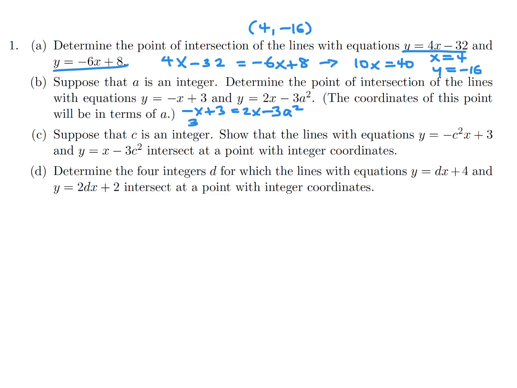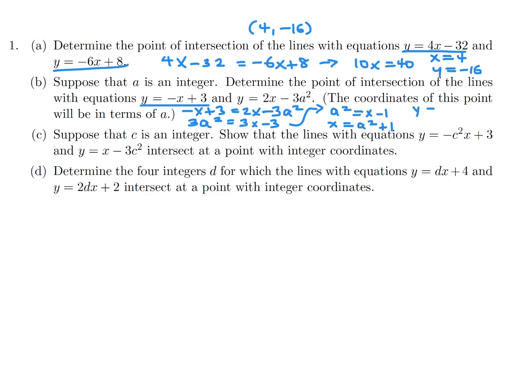And let's see, if I solve here, I get 3a squared is equal to 3x minus 3. So that means a squared would be x minus 1. So that means x is equal to a squared plus 1. And then I guess I just substitute back into either one of these to get y.